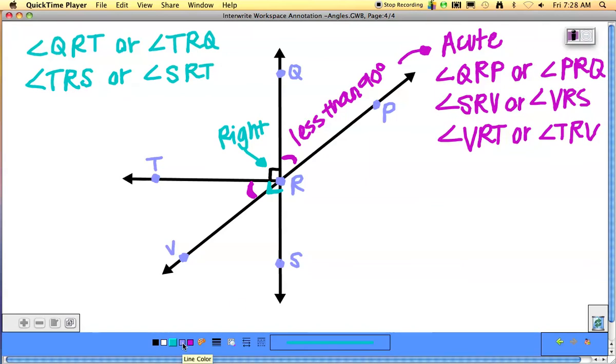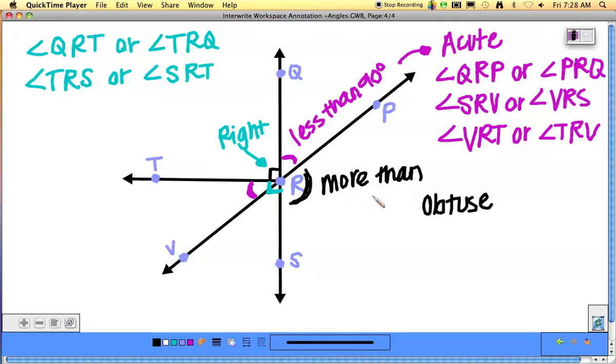And then I'm going to have my obtuse angles. Obtuse means that it's going to be wide, or more than 90 degrees. So the obvious one here is angle PRS, or flipping it backwards, angle SRP, keeping that vertex in the middle.